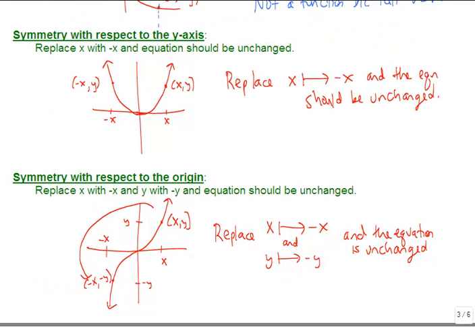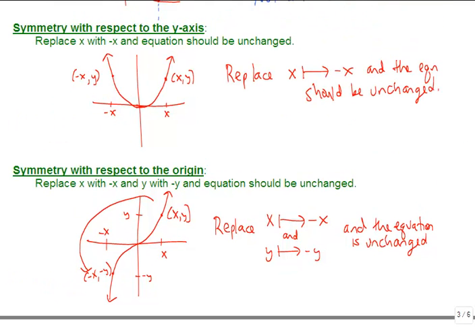Now one last comment before we move on, and we'll get to this in future video lectures as well: whenever you talk about something having symmetry with respect to the y-axis, there is another name for that. That would be called a function that is even. And you can kind of see from my example here, this was an x squared. It had an even power to it. So typically equations or functions that have even powers throughout would have this type of symmetry, symmetry with respect to the y-axis.